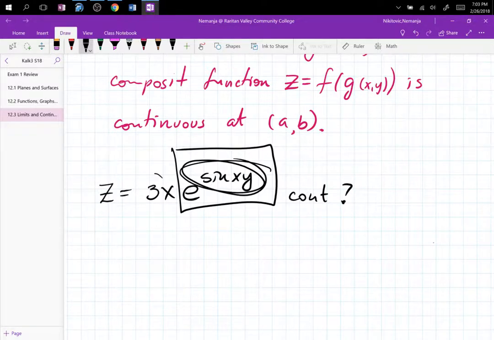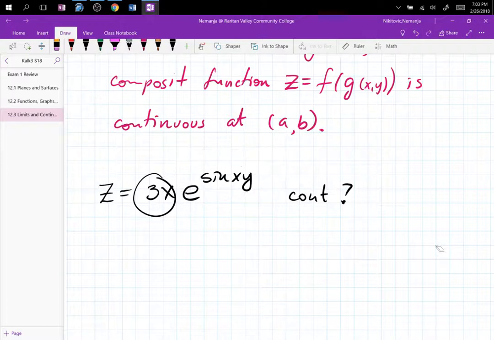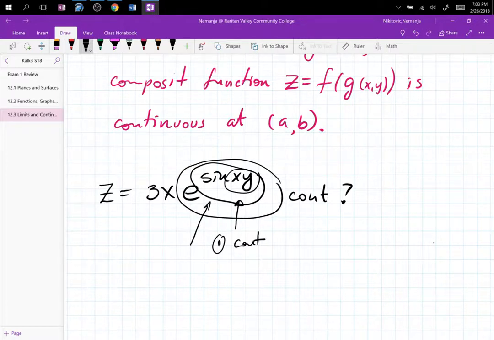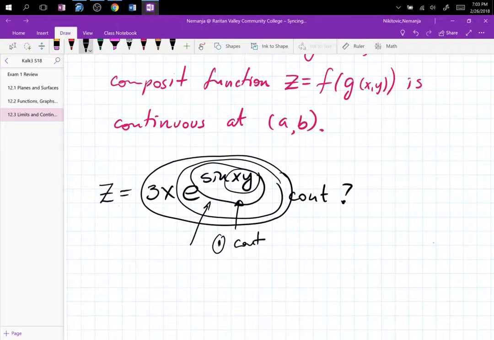And then another multiplication with 3x. So you follow from the inside out. You start with xy, continuous, and then function composition, continuous, and then another function composition, continuous, and finally multiplication at the end, continuous.